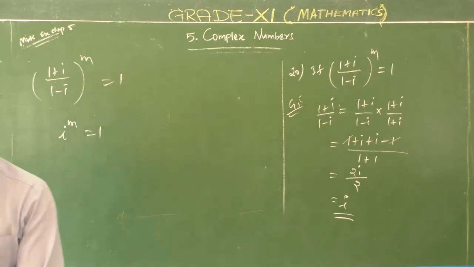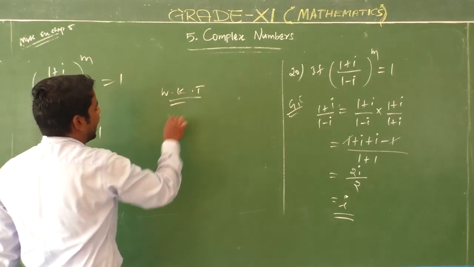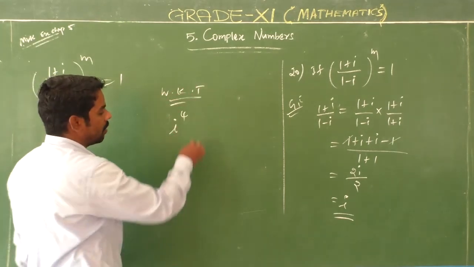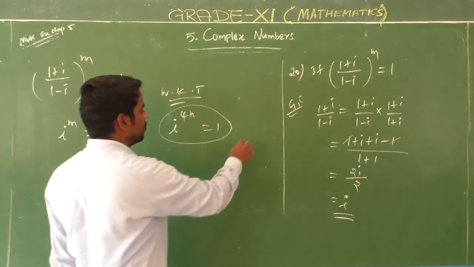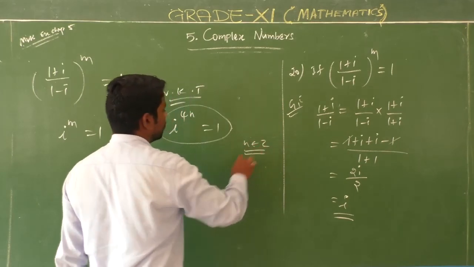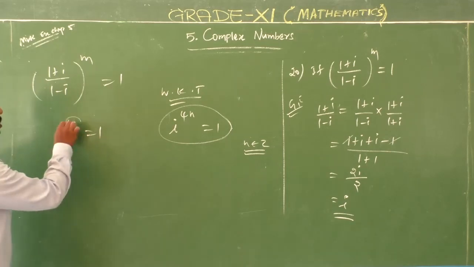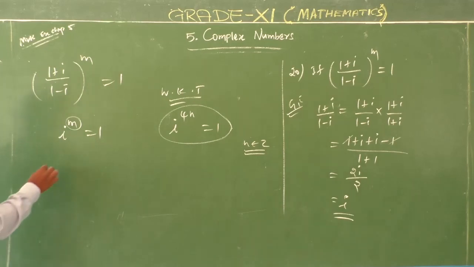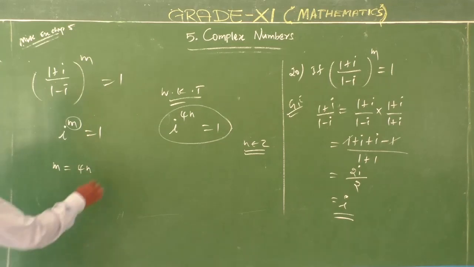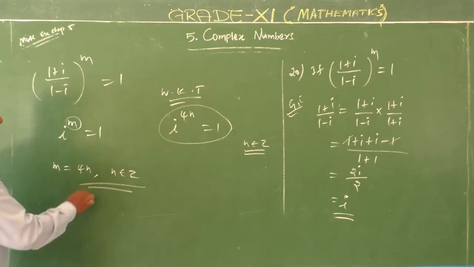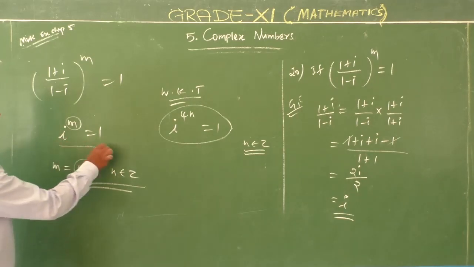We know that i power of multiples of 4n is equal to 1, where n belongs to Z. Then if i power m is equal to 1, m is a multiple of 4, that is m equal to 4n, where n belongs to Z. All multiples of 4 give the value 1.